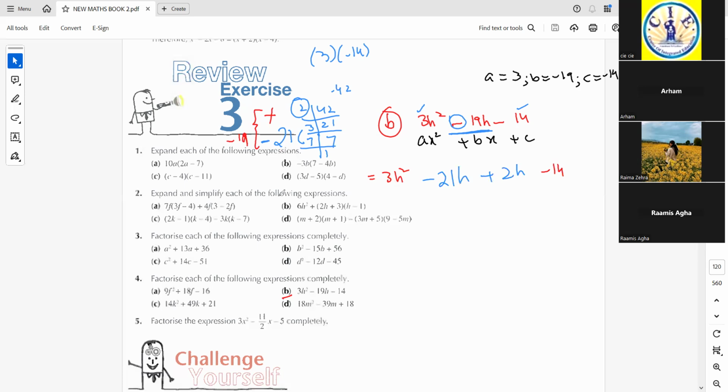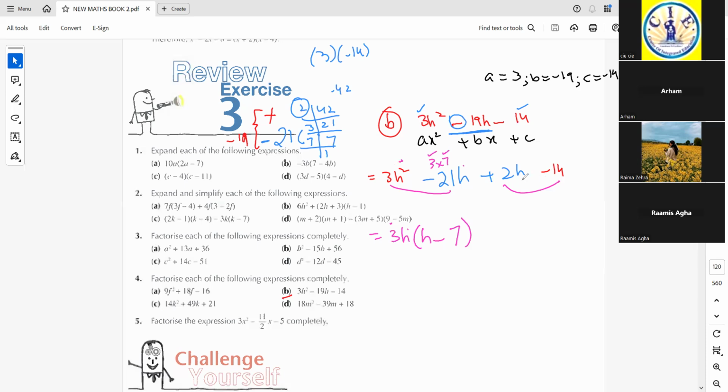Now, let me group them together, the first two and the last two. We can see that 3h is common from these two. So I'm left with just h from this, minus, since 3 sevens are 21. So 3h already taken common, and I'm left with just 7, h minus 7.